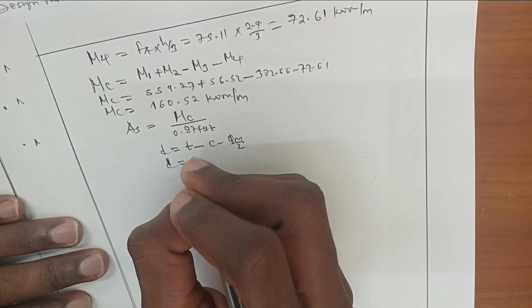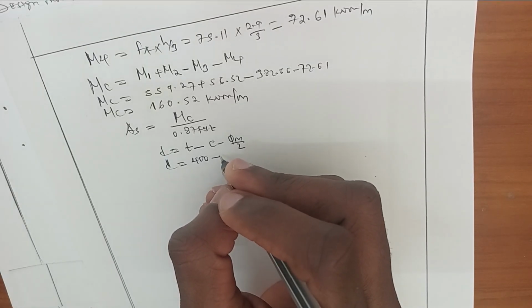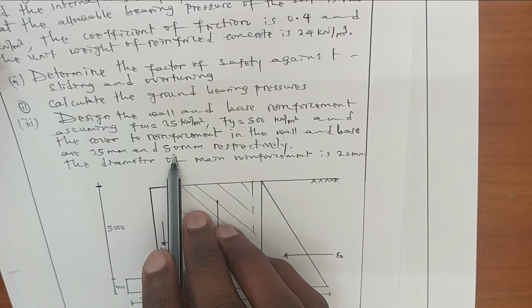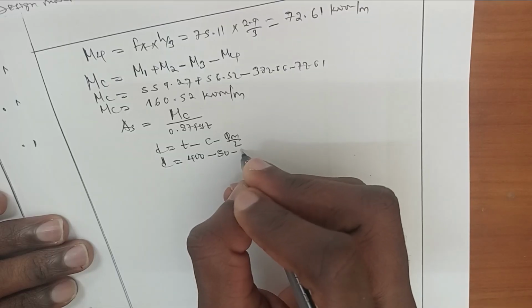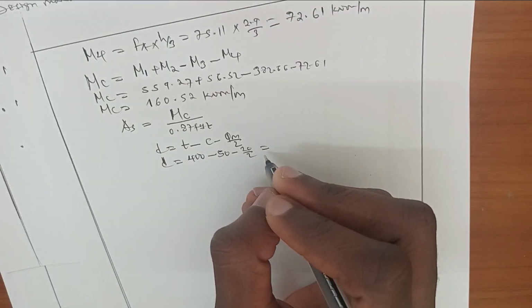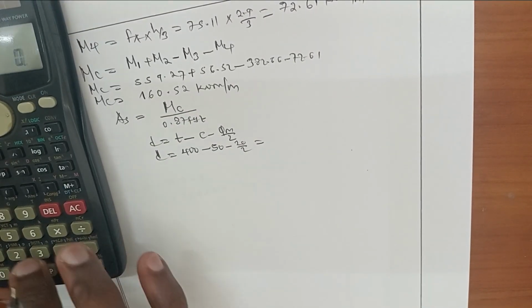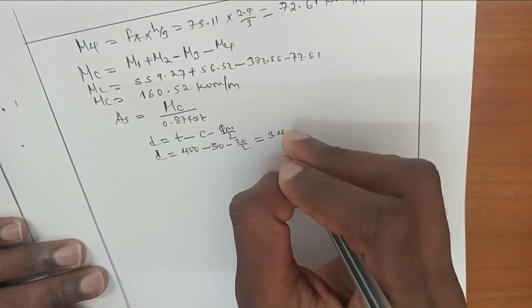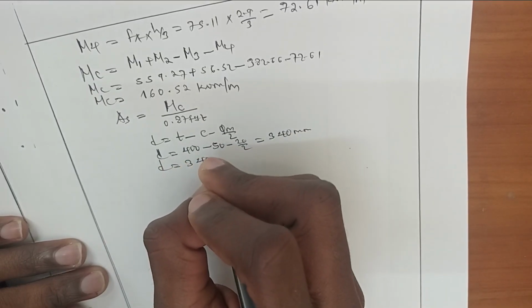Thickness of this was 500 minus cover of the base, which was 50 millimeter, minus 20 divided by 2. It will be equal to 500 minus 50 minus 10, which is 340 millimeter effective depth.